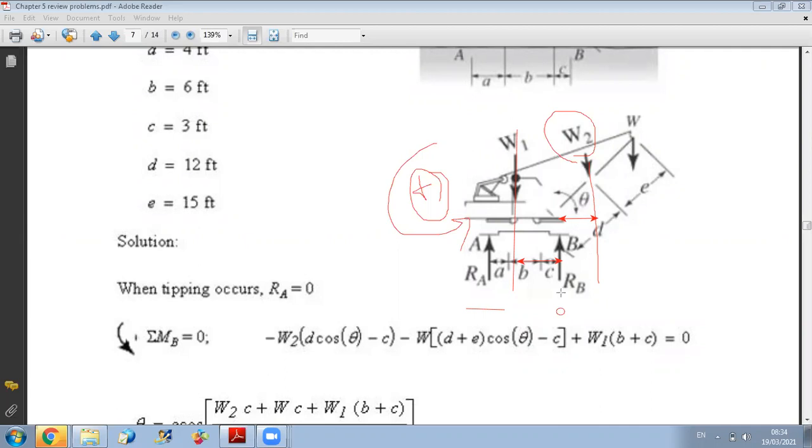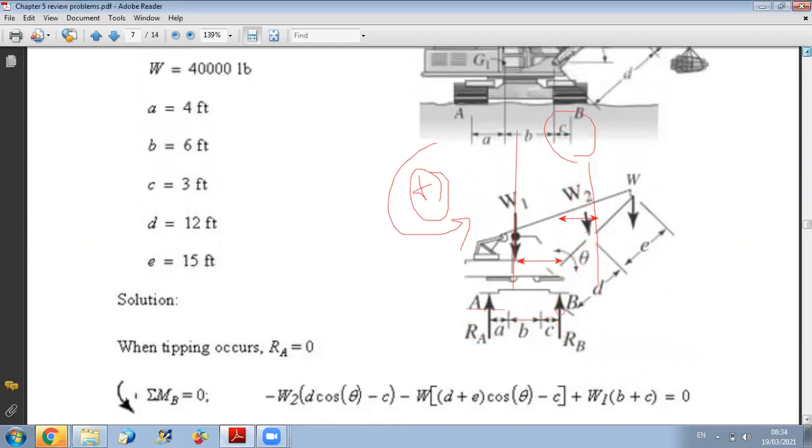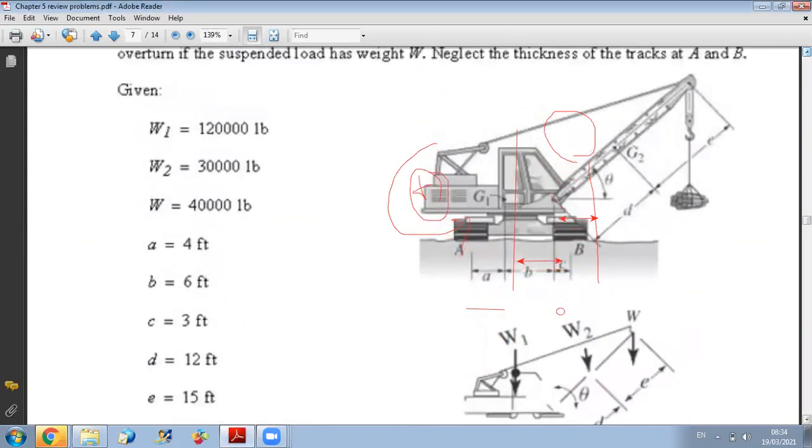If I look here, maybe it's not clear in this figure. Let me check the distance, because I put minus c. To see it well, you should look at it here. Look, d is starting from this point.